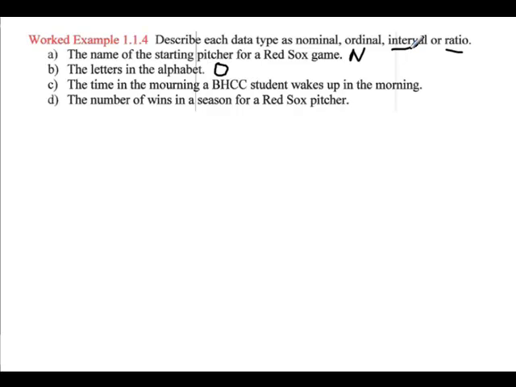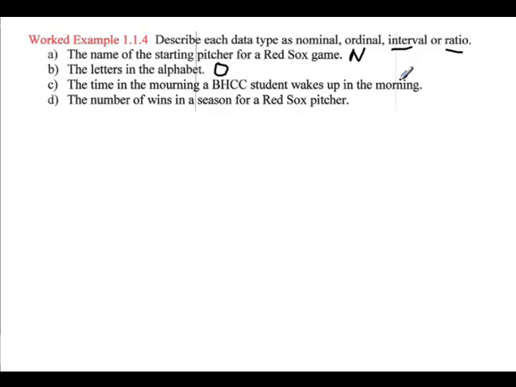One, interval really doesn't have a starting point or a zero, and so therefore, number two, you can't think of multiplication or division with interval. Whereas ratio kind of means divide. You can. So let's see how this applies here.